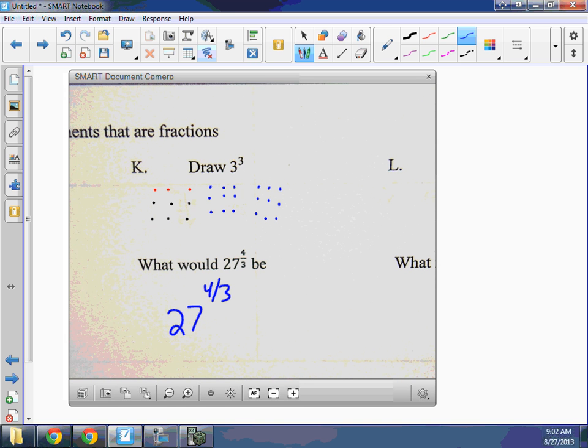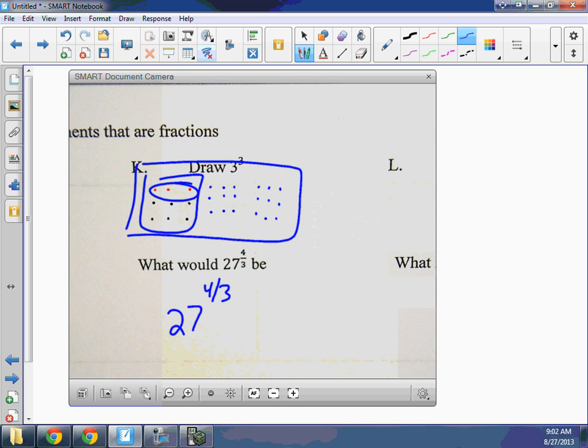Anybody see a problem to this? Say that louder. Do we have 4 triples? How many triples do we have? 3. So I have my first triple here, my second triple there, and my third triple here, and it says keep all of the triples and the next triple.